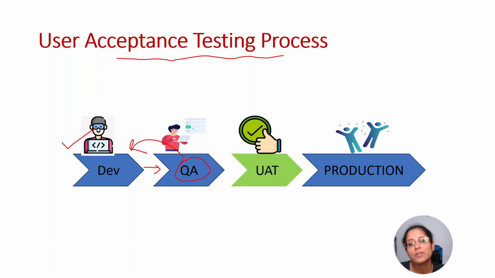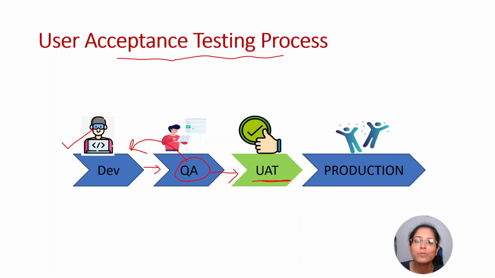Once the application is completely working as expected and the testing team gives sign-off, the application will move to UAT, which is called user acceptance testing, and this is the third phase. In user acceptance testing, there will be a group of testers on the client side. They will perform user acceptance testing to ensure the application meets the customer requirements, whatever they are looking for.